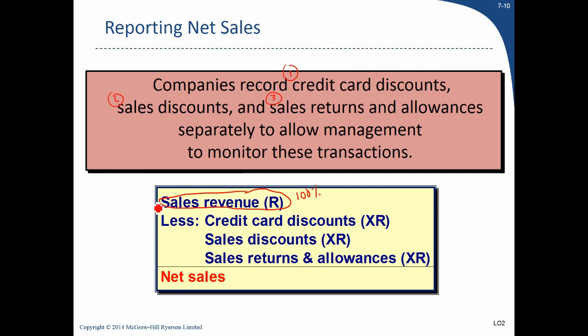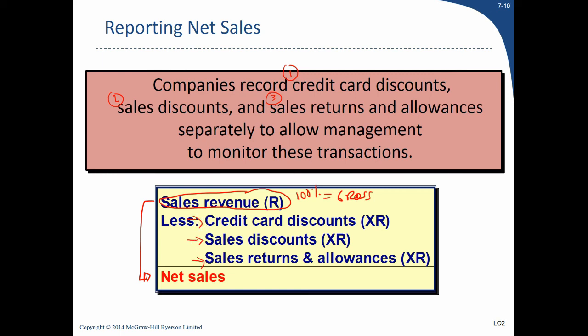Okay, so that will get us from sales revenue to something called net sales. Sales revenue is gross. And then we have these adjustments to it to get to net sales. And this is important because you might see maybe there's a lot of sales returns and allowances, right? Maybe there's a lot of sales discounts. Maybe there's a lot of credit card discounts.